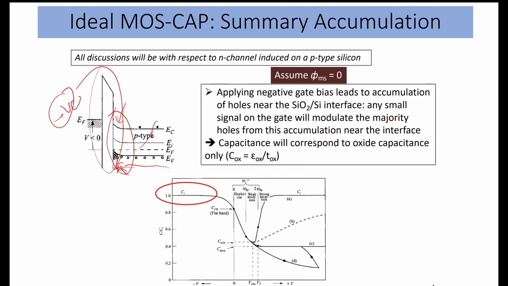If we apply a small signal over this negative voltage, whatever changes happen will be because of the insulator capacitance. So there will be a constant capacitance, the capacitance of the metal plate semiconductor is constant.